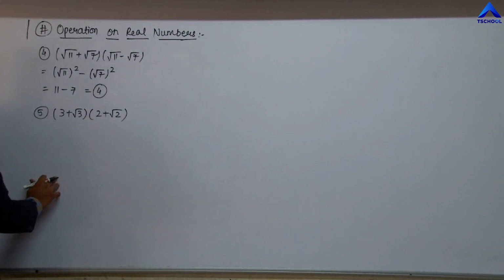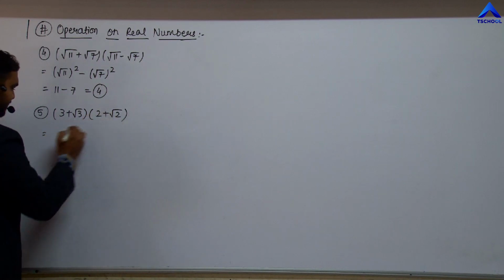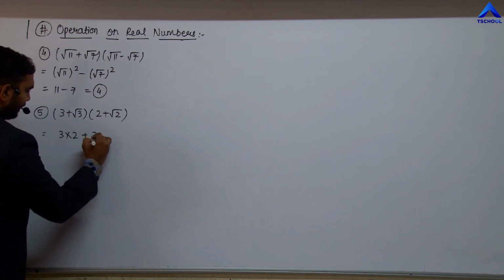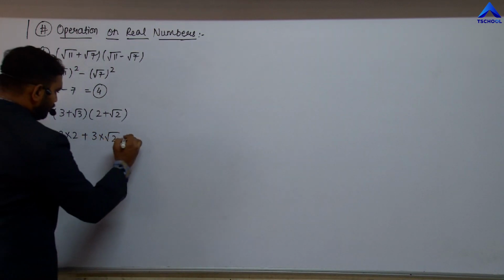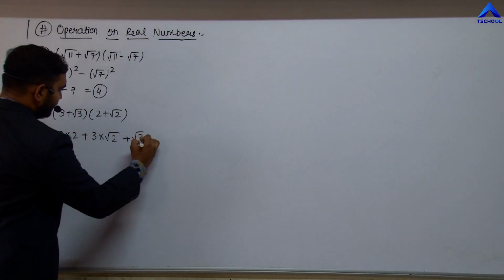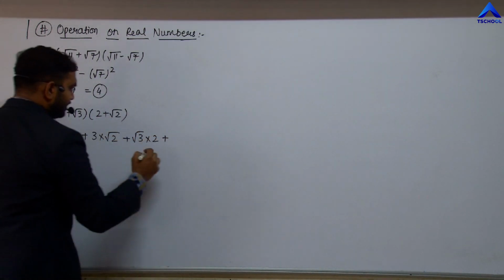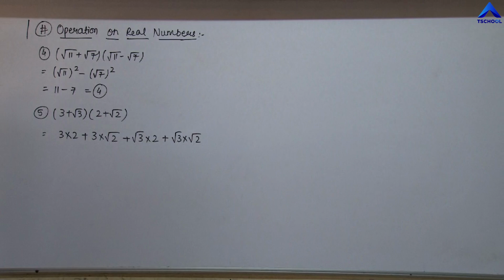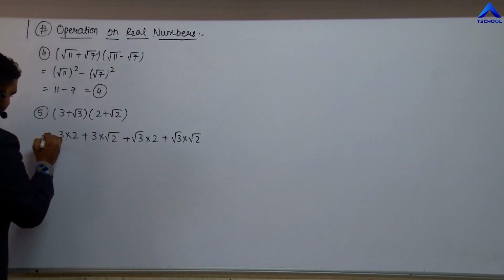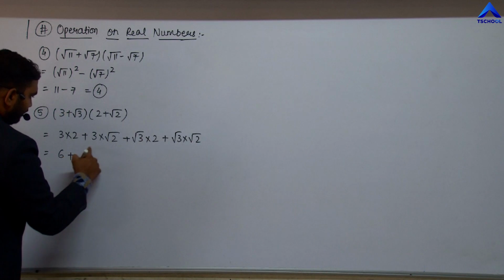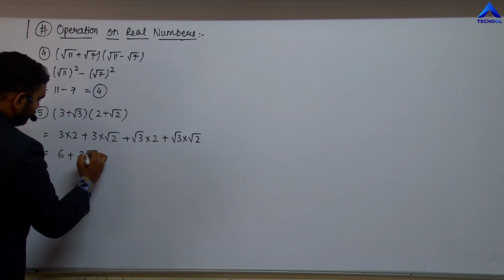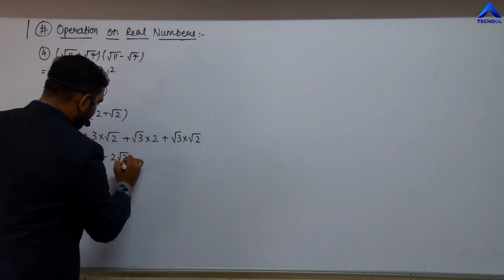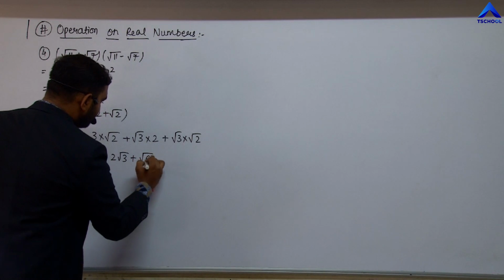First of all, we multiply the first to first, that is 3 into 2, plus 3 into root 2, plus root 3 into 2, plus root 3 into root 2. Now writing down, 3 into 2 equals 6, plus 3 into root 2, that is 3 root 2, plus root 3 into 2, that is 2 root 3, plus root 3 into root 2, which is root 6.